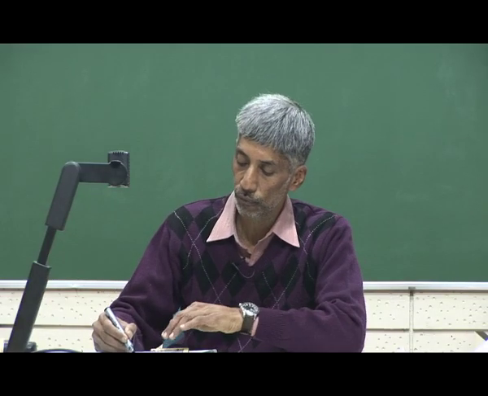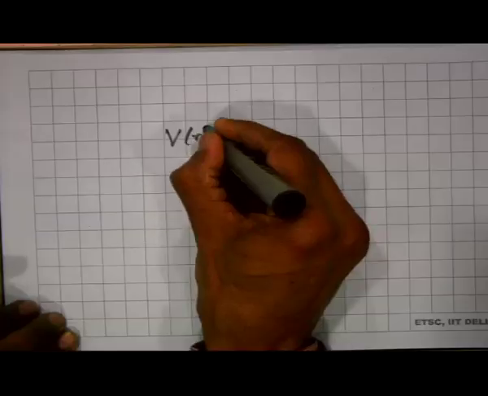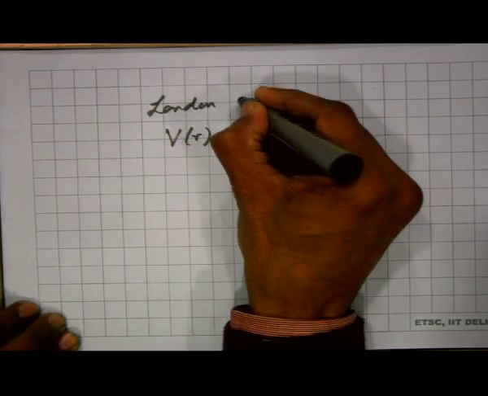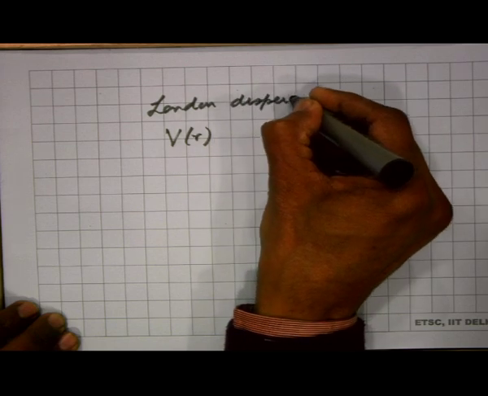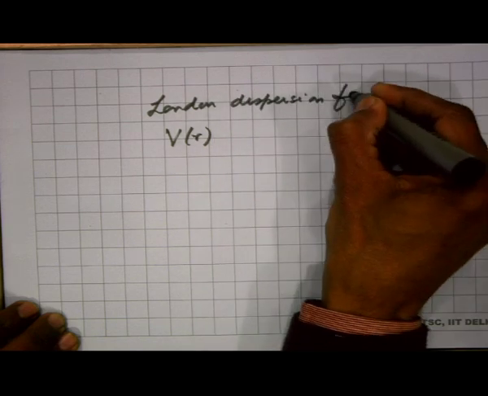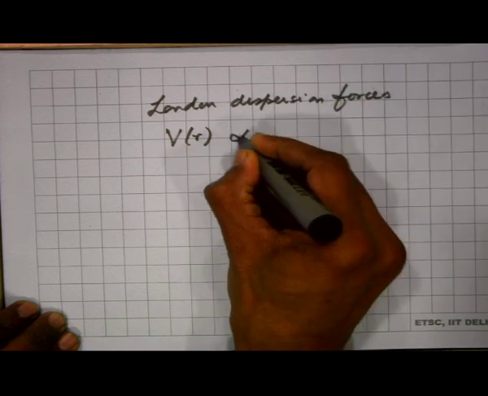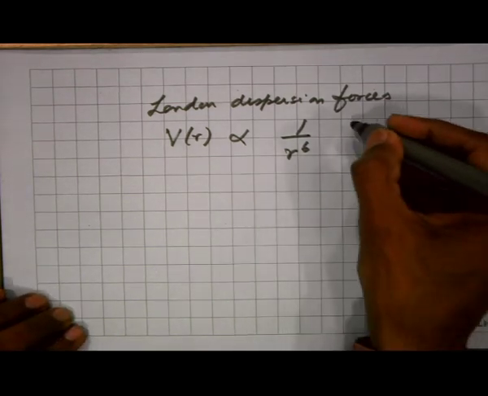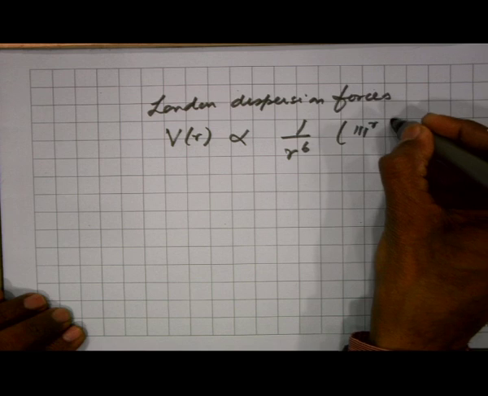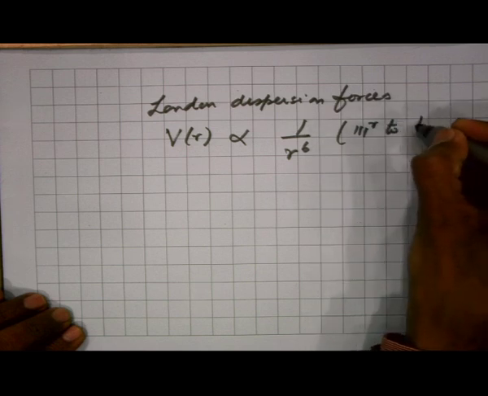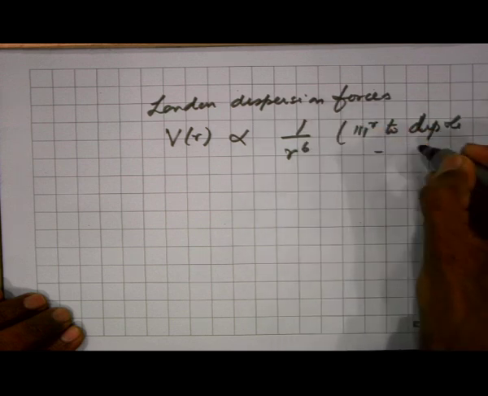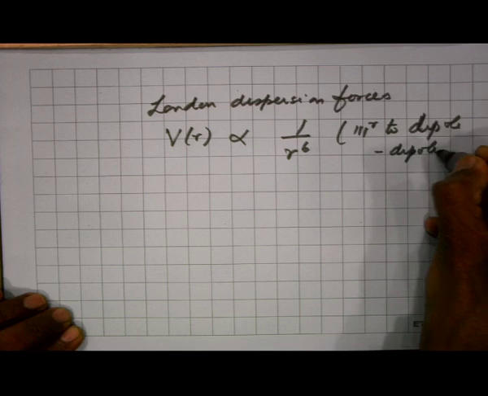So, the functional form, the potential energy of the London dispersion forces, will vary as 1 over r to the 6, similar to dipole-dipole, but the proportionality constant is different. I have not worried about that.